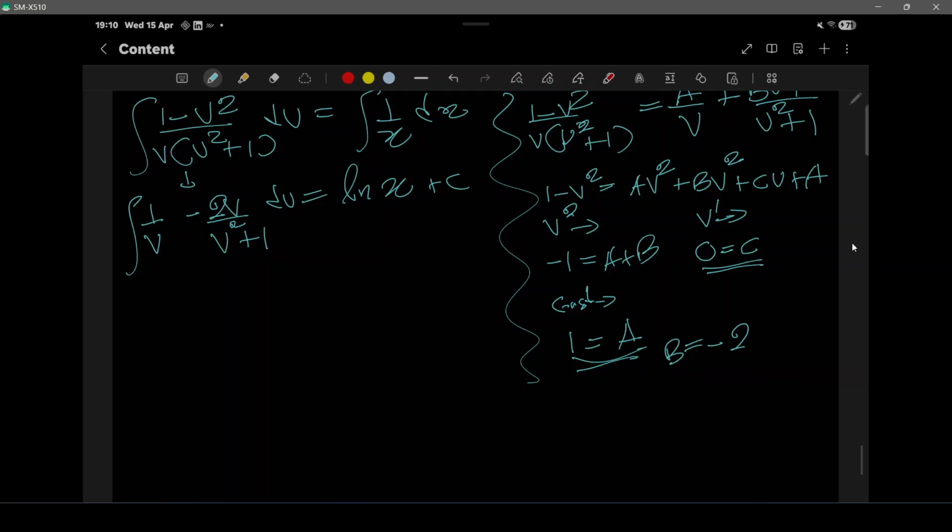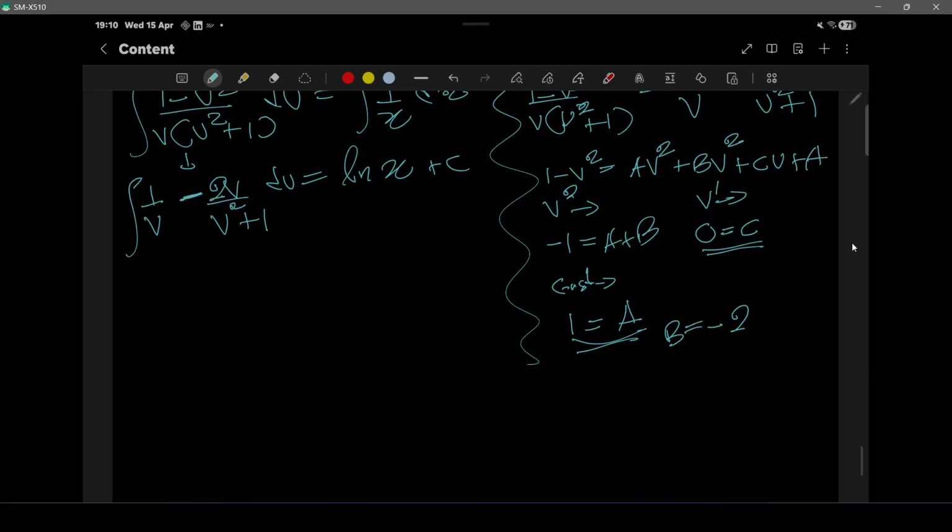Since this is an integration, we can separately integrate these two. So it is ln v minus, the differentiation of the denominator is in the numerator, so we can simply write ln (v squared plus 1), equal to ln x plus c dash.